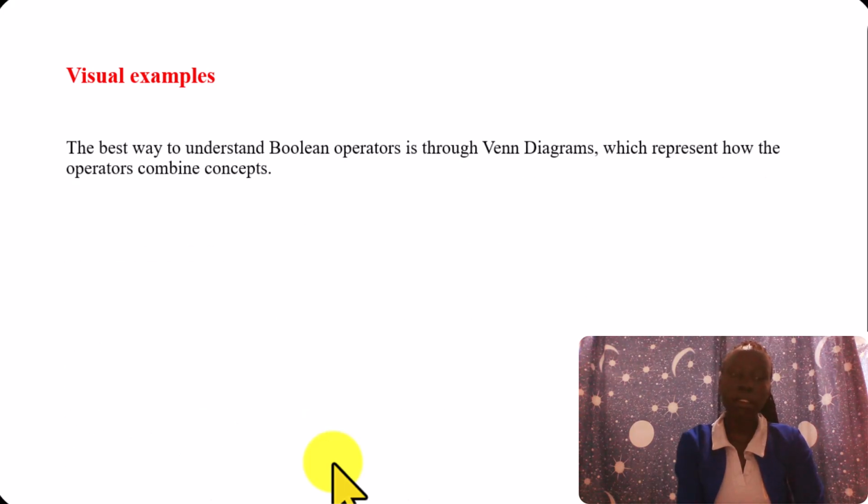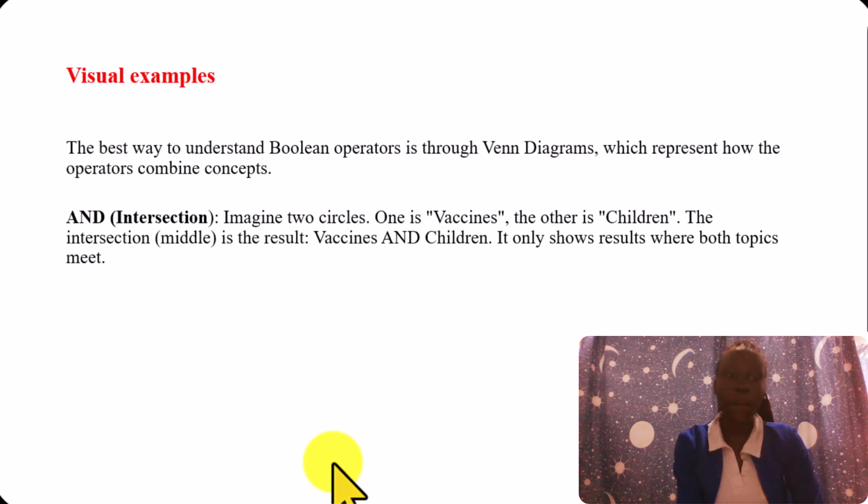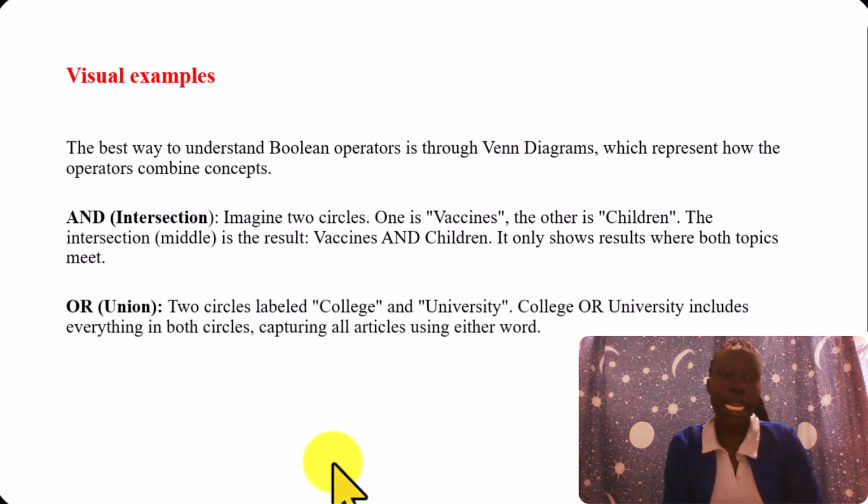So the visual examples are here. The best way to understand Boolean operators is through Venn diagrams, which represent how operators combine concepts. So we have the AND, and it is an intersection. Imagine two circles. One is vaccines, the other is children. The intersection in the middle is the result.